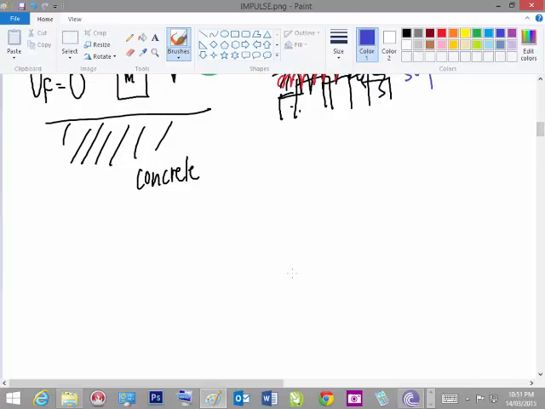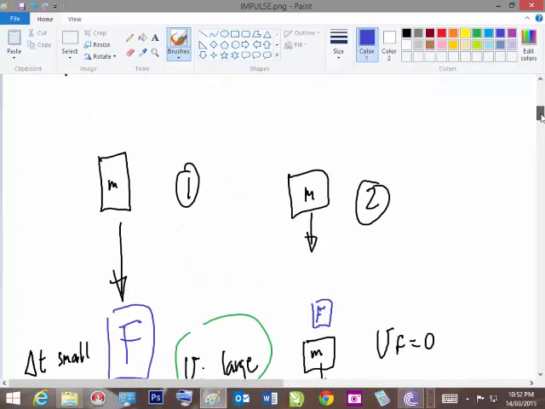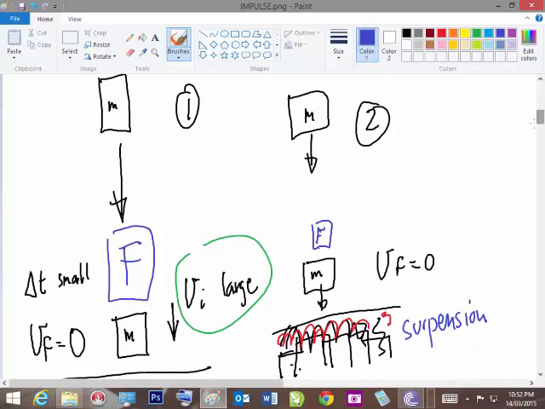In the case of an accident, they try to prolong the time for the person inside the car to come to a complete stop. So the force that person will feel will be much less. If we understand what impulse is, then we can do calculations quite easily.